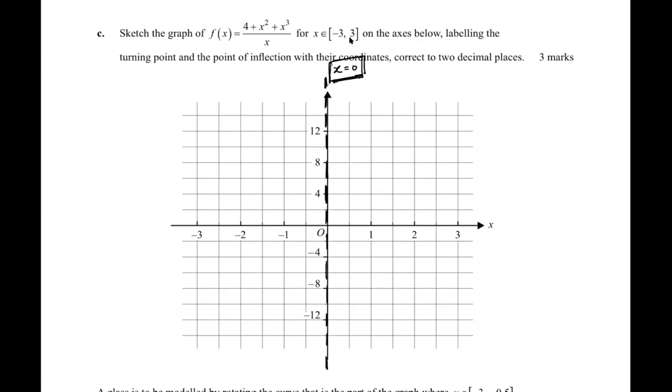Good. So I guess from your CAS calculator, you will be able to see one of the x-intercepts is -2, 0, and the point of inflection is -1.59, -1.59. Okay, so this is -1.59, -1.59, okay? Now, you need to show some change of concavity like this. And don't forget your graph must end at -3 or 3.